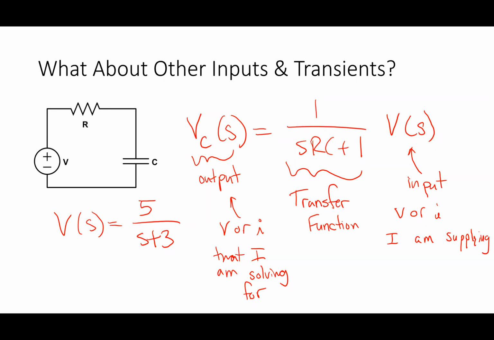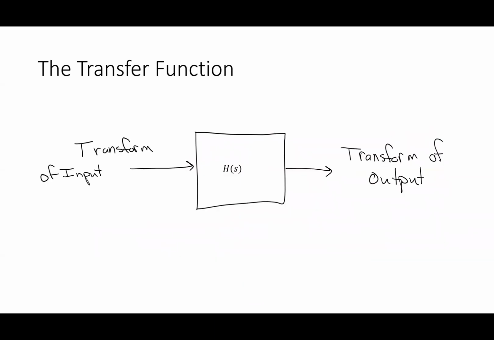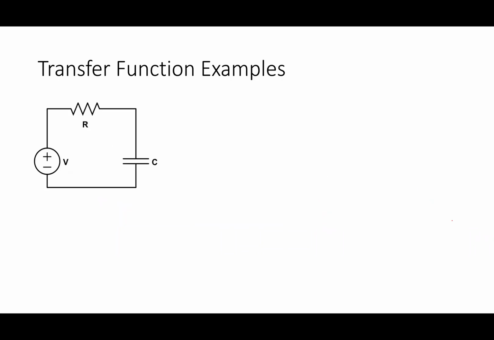And so oftentimes we use this picture here where I take the transform of the input like I just had, V of S, multiply that by H of S. So we do this block diagram picture where the input times this is the output. So this guy here is V sub C of S, which is equal to H of S times V of S. That transfer function result's a really important one that we're going to use a lot of, okay?